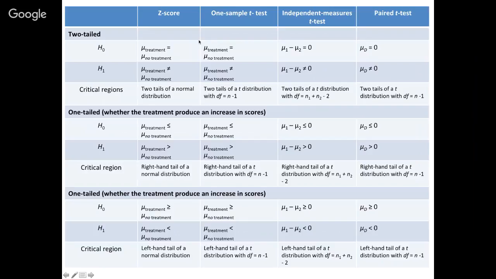You see here, the hypotheses are exactly the same for the z-score and the one sample t-test. And this is slightly different between the independent measures and paired t-test.